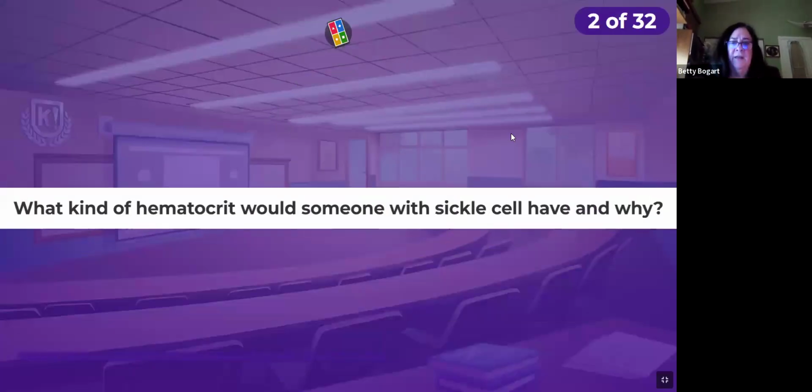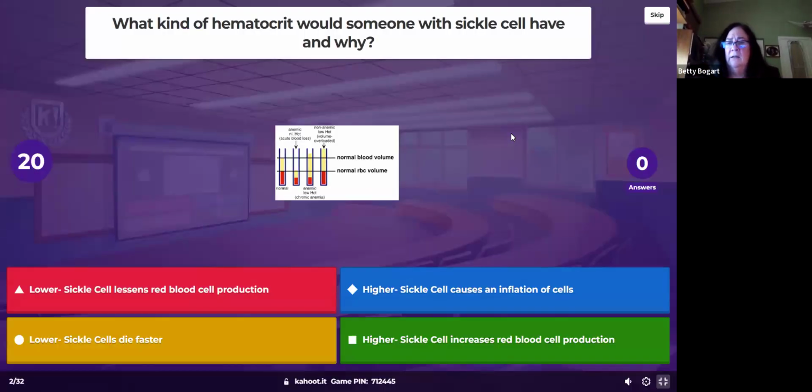What kind of hematocrit would someone with sickle cell have and why? Up, down, which one? Why?